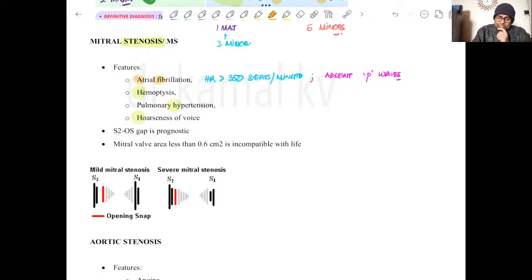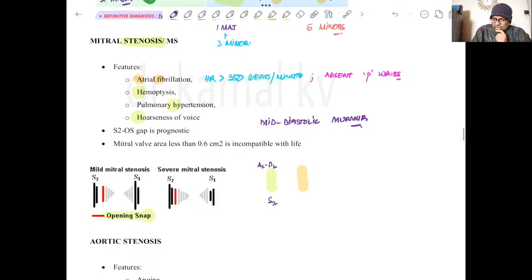So we hear a mid-diastolic murmur. Clear? We hear a mid-diastolic murmur, and prognosis wise there is one term, and that is known as opening snap. So suppose if this is the second heart sound and this is the opening snap, so this is S2, of course A2 P2, I'm just writing it as a single.